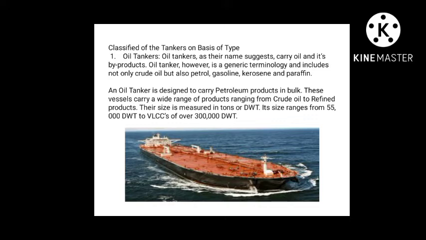An oil tanker is designed to carry petroleum product in bulk. These vessels carry a wide range of products ranging from crude oil to refined products. Their size is measured in deadweight tons. Its size ranges from 55,000 deadweight tons to VLCCs of over 300,000 deadweight tons.